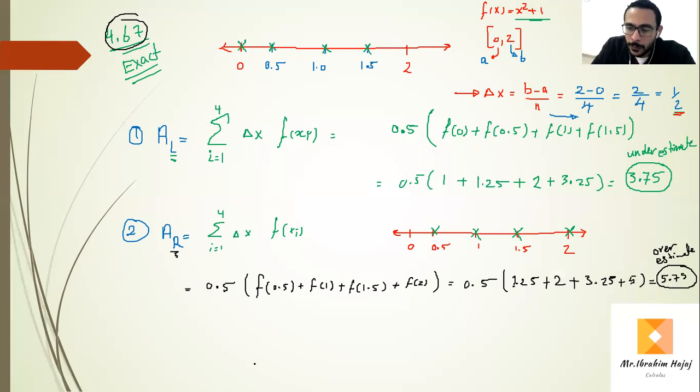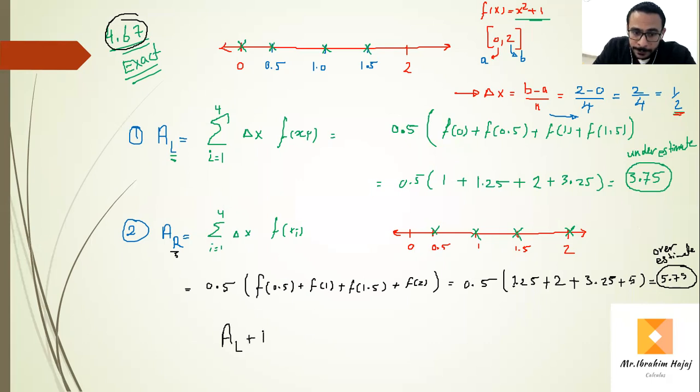If you would like to approach the exact answer, meaning if a question asks you to find the exact answer, and you know the area from the left, AL, which is the approximation using the leftmost points, and the area from the right, AR, using the rightmost points, one of them is 3.75 and the other is 5.75. We can find the average of the two areas.